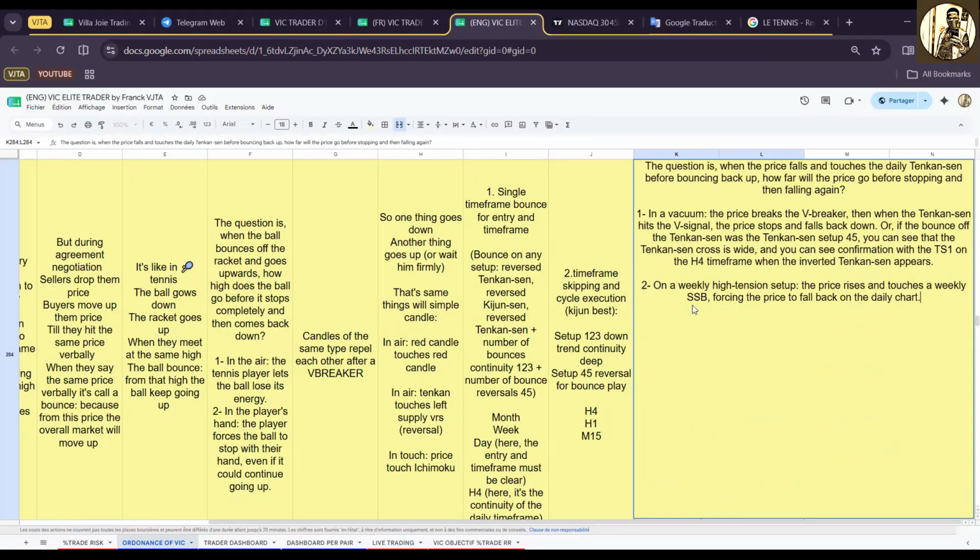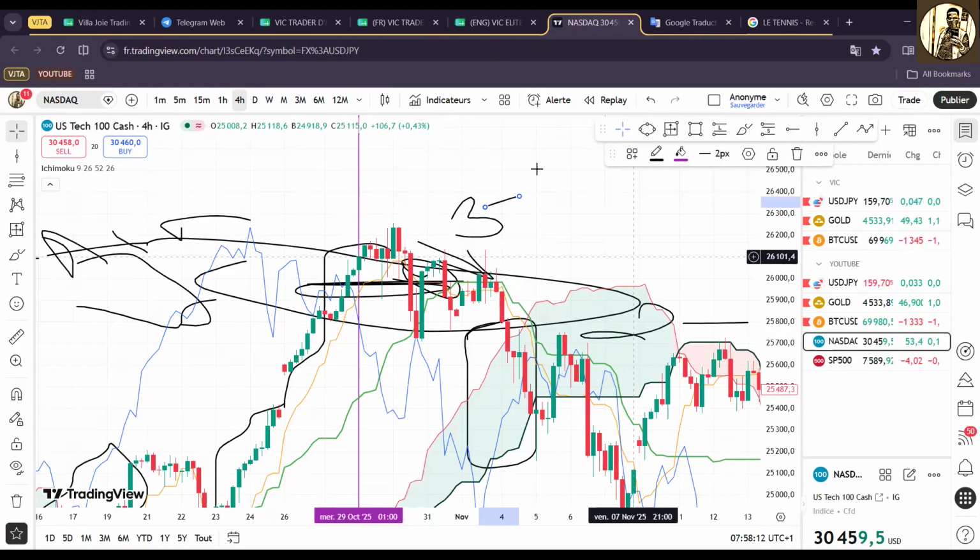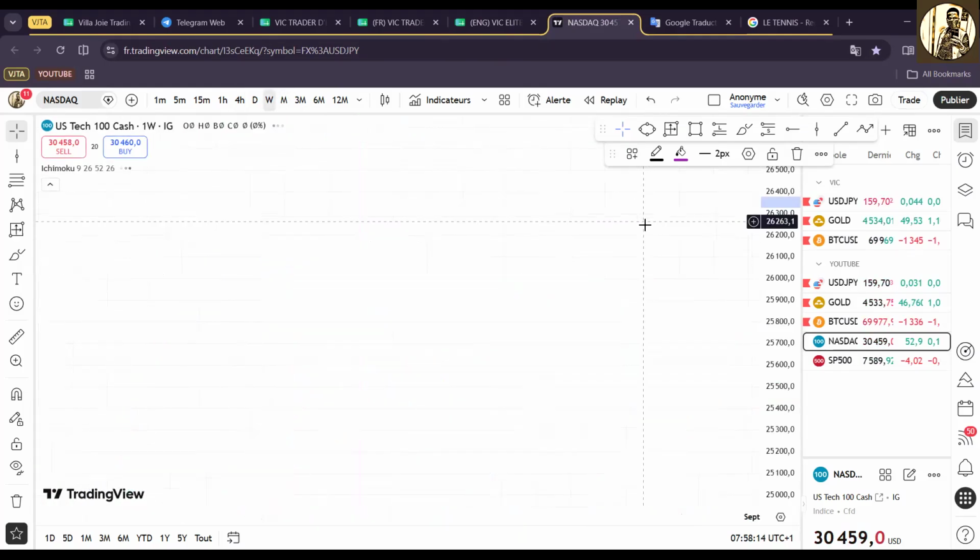Now, I said also on weekly high tension setup, the price rises and touches the weekly SSB, forcing the price to fall back on daily.